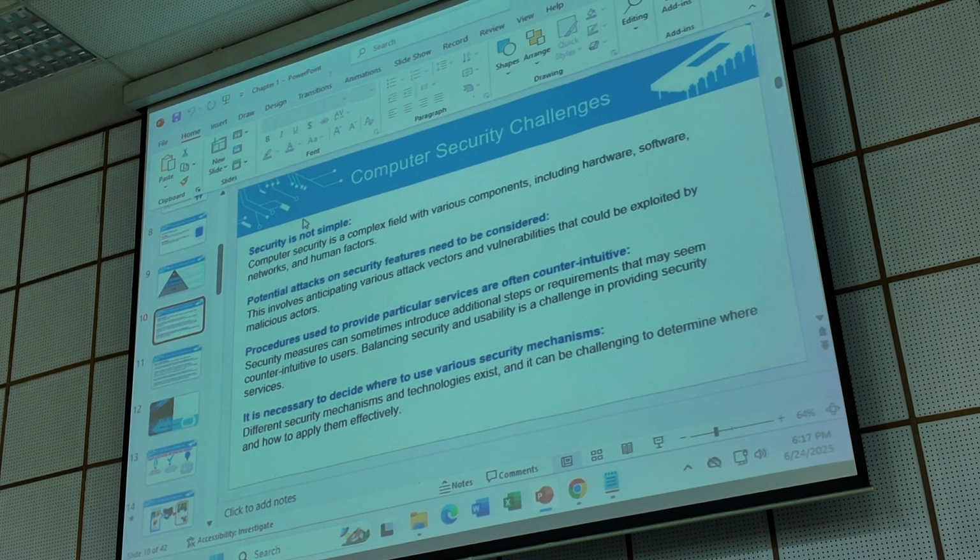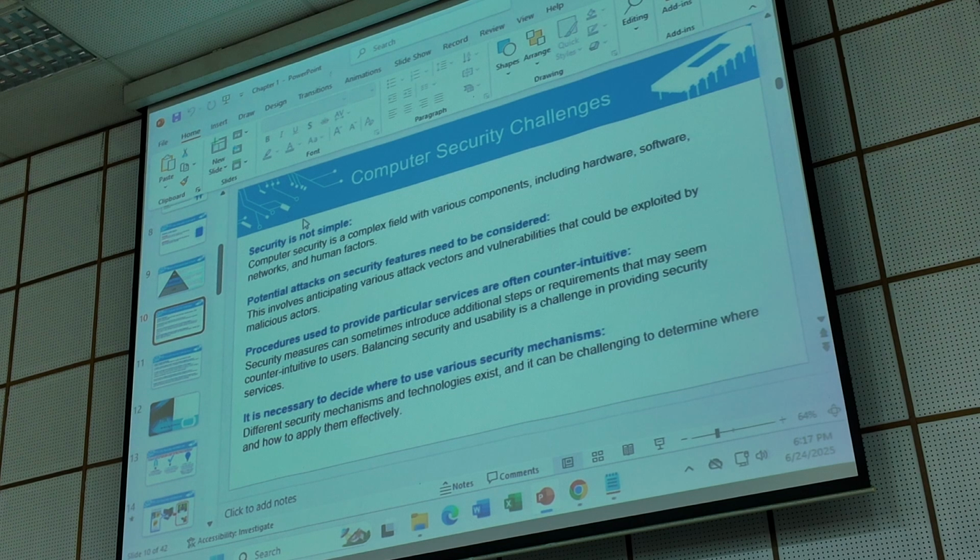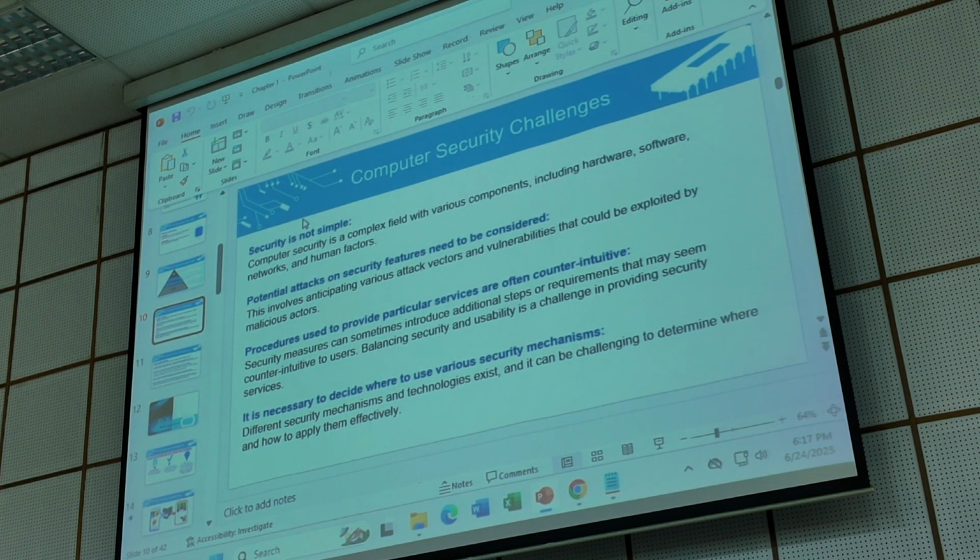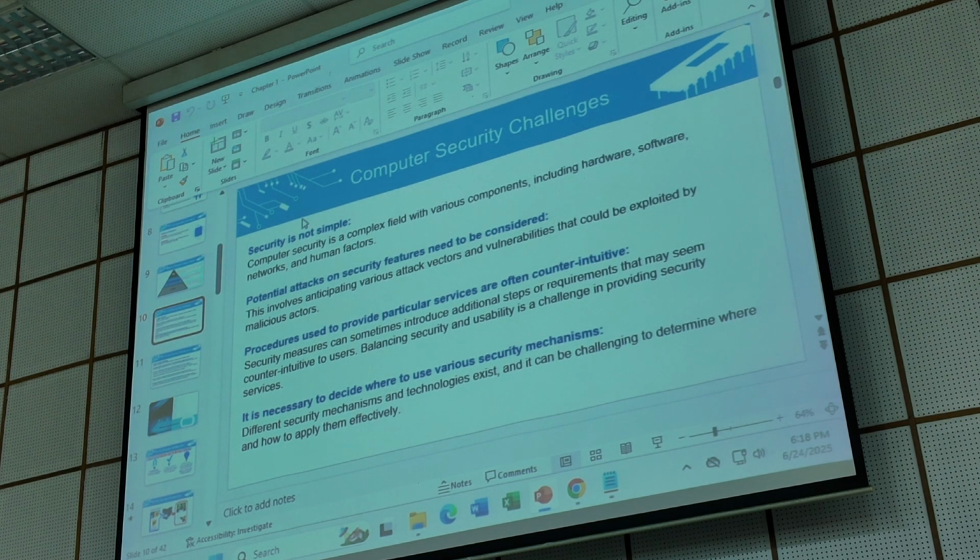And then there are a lot of different types of attacks nowadays, so you need to think about what type of attack may happen. You need to come up with a mechanism. There are different types of mechanisms you can use. So there are challenges in computer security.